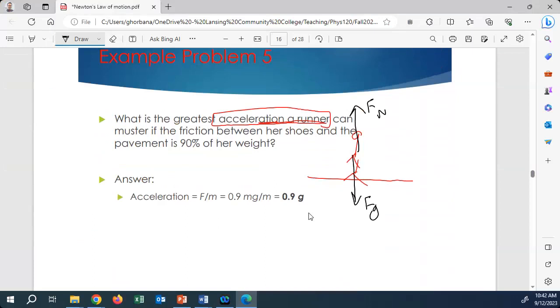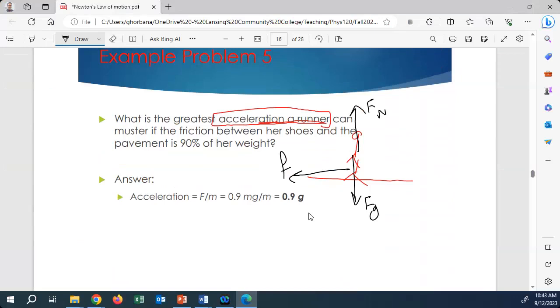It means that the ground is exerting a friction force on the person. I would be able to draw the forces exerted on the ground based on Newton's third law, but the question only asks for the acceleration of the runner, so I don't need them. Sounds good?